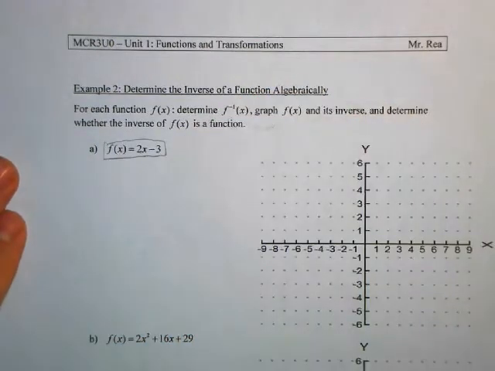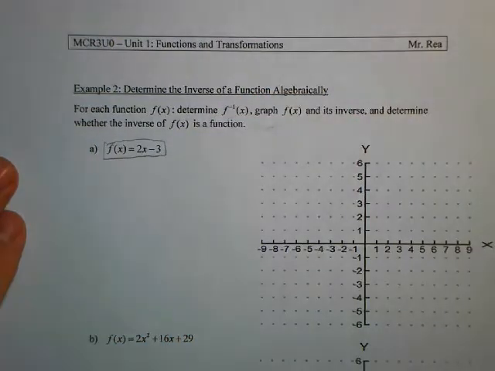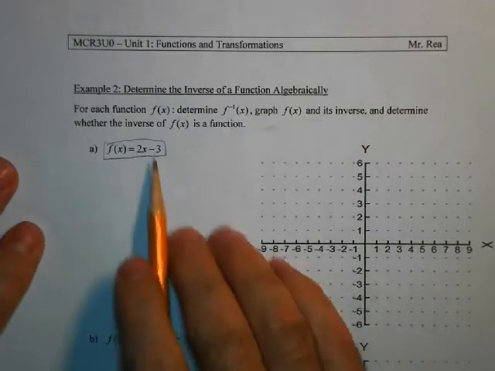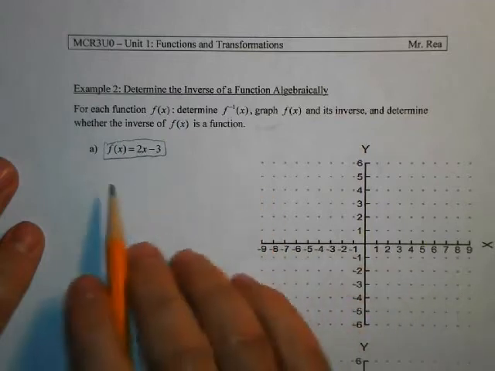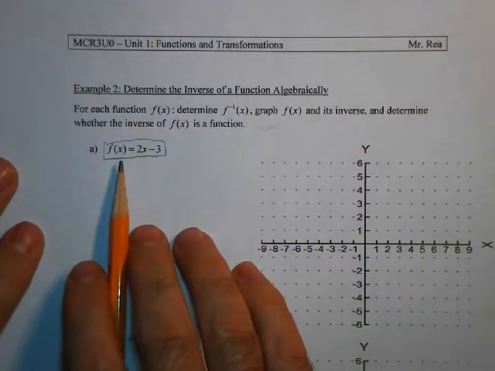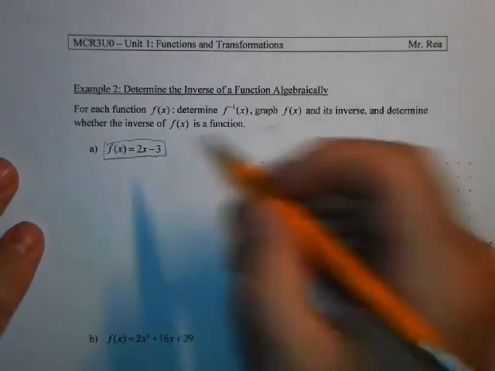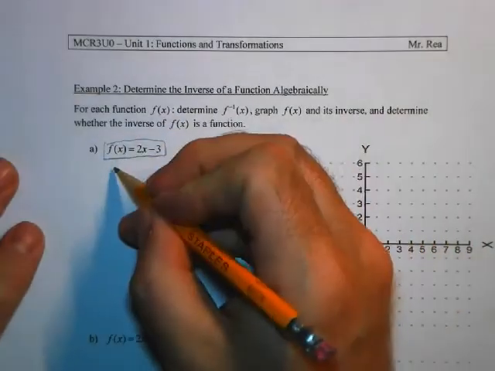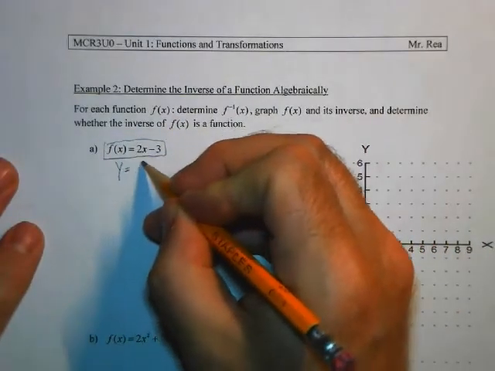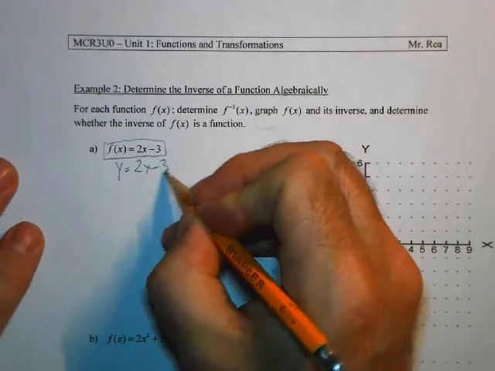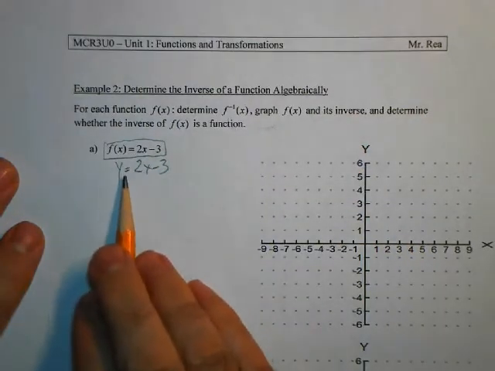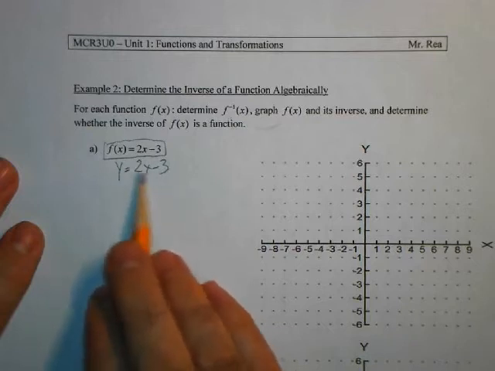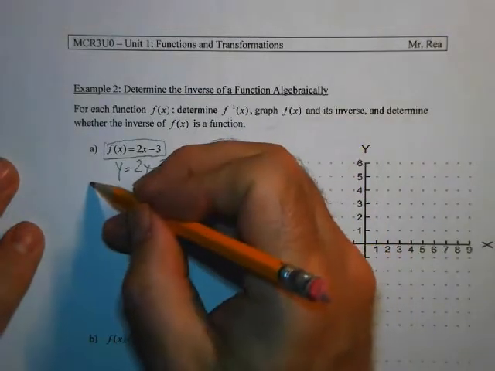So this is the process you're going to do, especially if it's linear. This is obviously a linear equation. So the first thing we're going to do is we're kind of revert back to our old ways. We're going to change f of x to the actual coordinate that it represents, which is the y. Okay, and we're going to do that because we're going to now flip the x and the y in the equation.